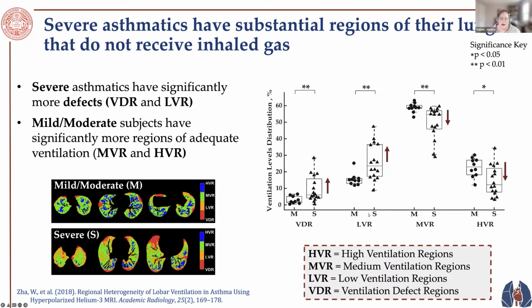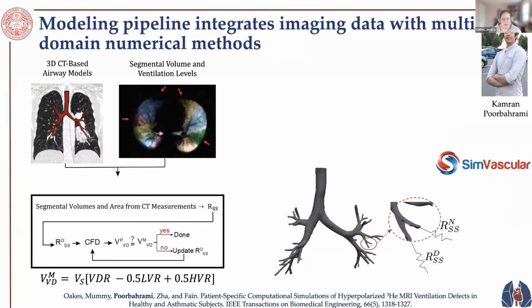VDR and LVR are the defected regions, and the other two are regions that are not defected. M is moderate and S is severe. As you can see here, the subjects with severe asthma have higher regions of ventilation defects compared to the mild moderate. So we utilize this information in our computational models.